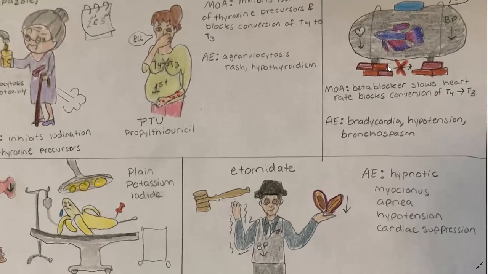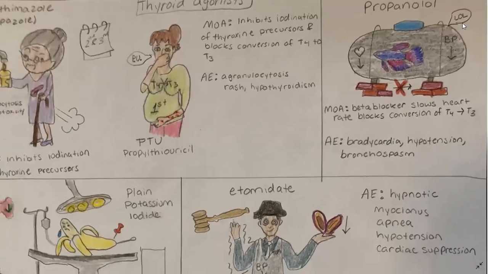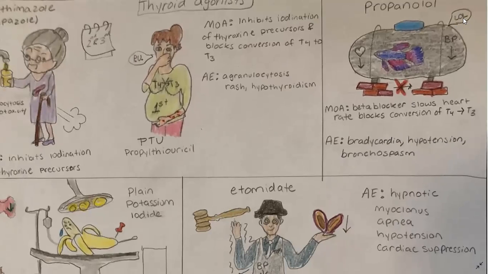So we have some blocks here. There's 4 blocks here, 3 blocks here. It's blocking the conversion of T4 and T3. Adverse effects are bradycardia, so again, slow heart rate, hypotension, low blood pressure, and then bronchospasm, which is not shown in the picture. Although I suppose if you were laughing really hard, you could have some bronchospasms.